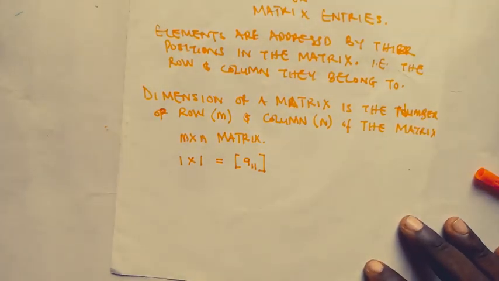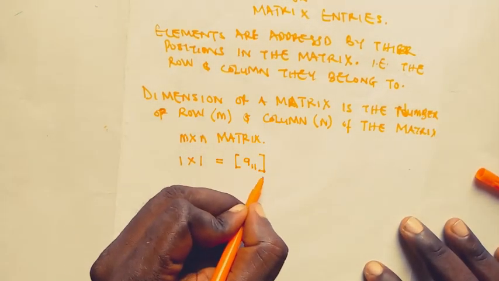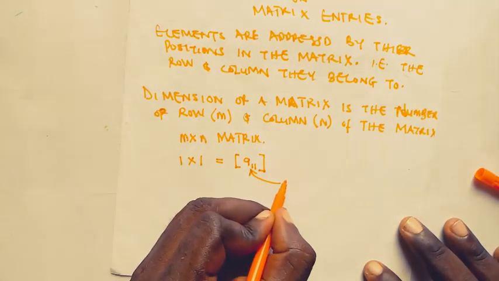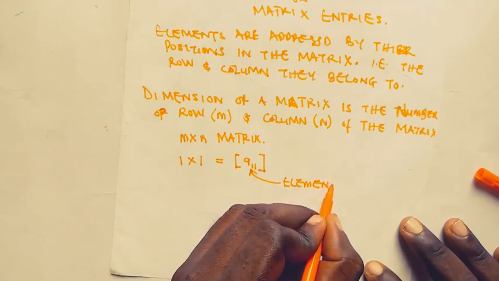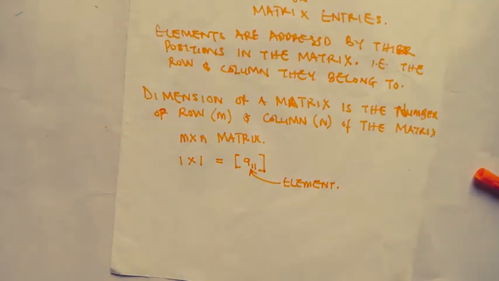So it has only one element. Now this is what we refer to as an element of the matrix. If it has only one element, it is a 1 by 1 matrix.